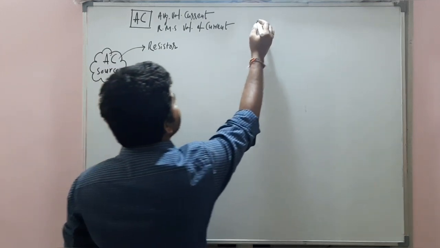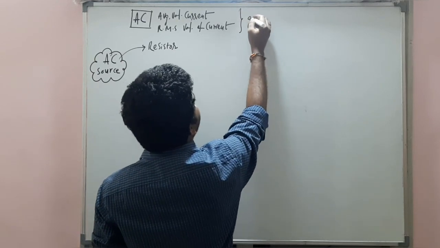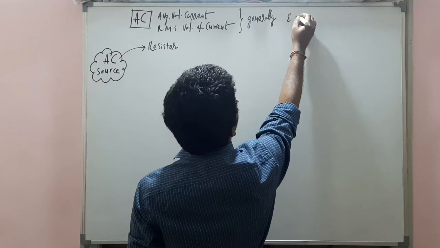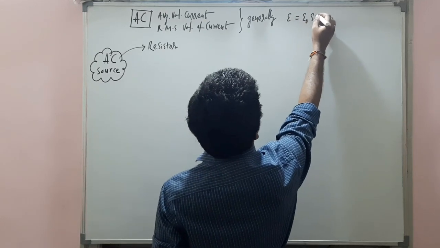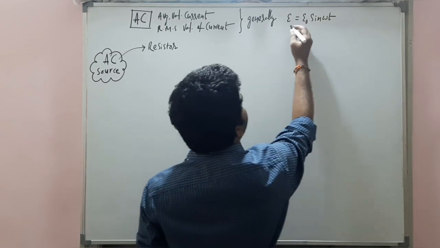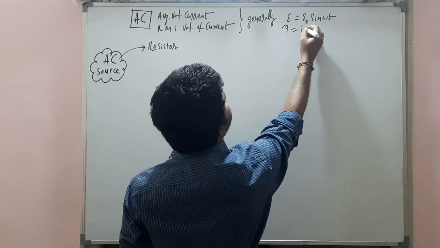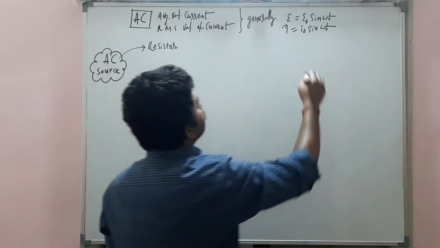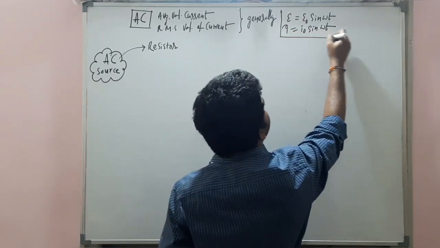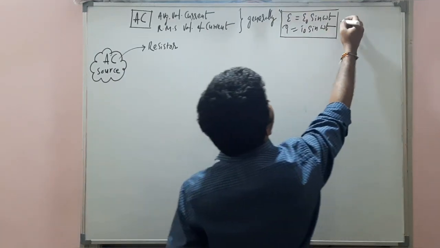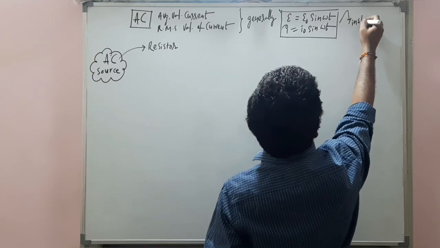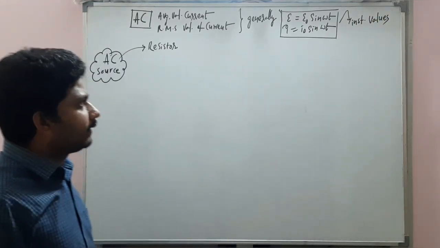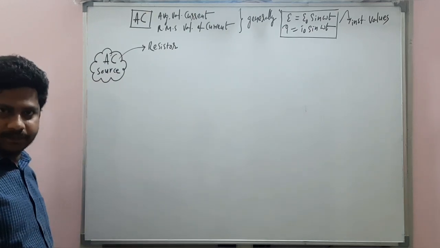We know generally, instantaneous EMF is E naught sine omega t. Instantaneous current is I naught sine omega t. Yes or no? So these two values I can say are the instantaneous values. It's yes. Those are the general expressions.